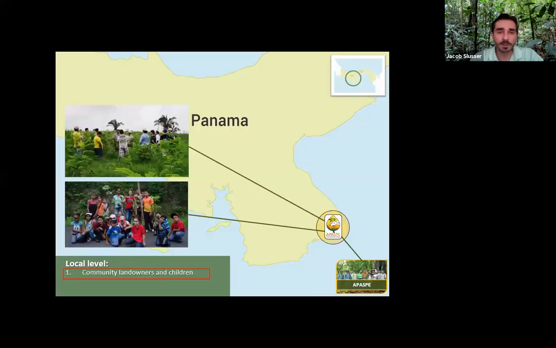And so, Apaspe began sharing their experiences with their neighbors and local farmers who were interested in learning about the systems that they'd established. And so Apaspe facilitated multiple ecological fairs for local school children, with the goal of illustrating how silvopastoral systems are a more ecological and sustainable livestock system.